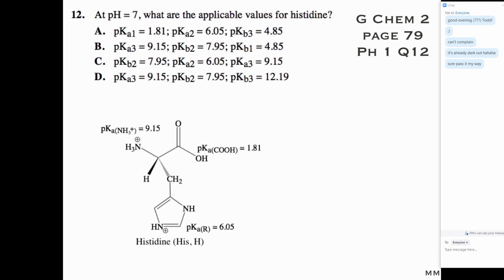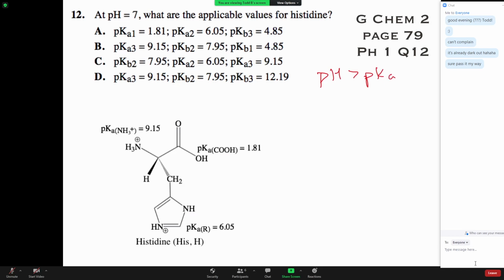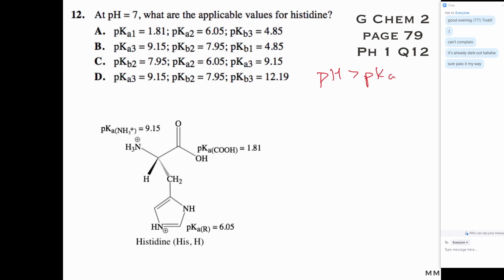So, question, what happens when pH is greater than pKa? And I always want to be able to solve this both mathematically and conceptually. So conceptually speaking, pH is higher, deprotonated, exactly. So the pH is higher, basic environment, proton goes away, exactly.